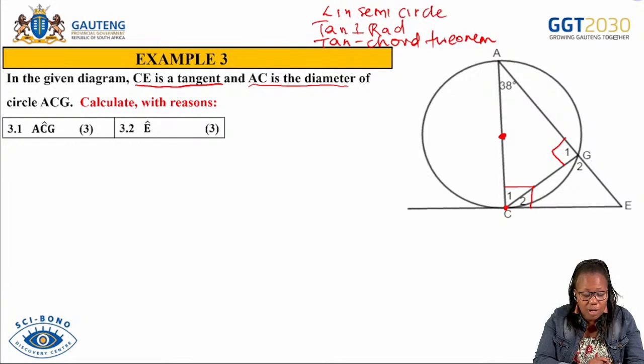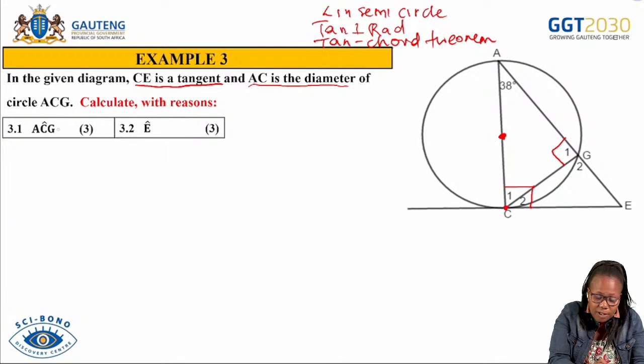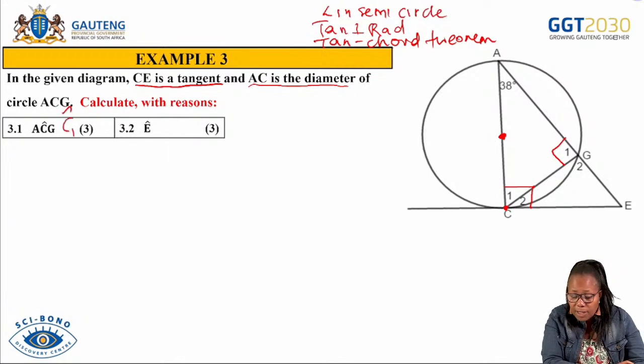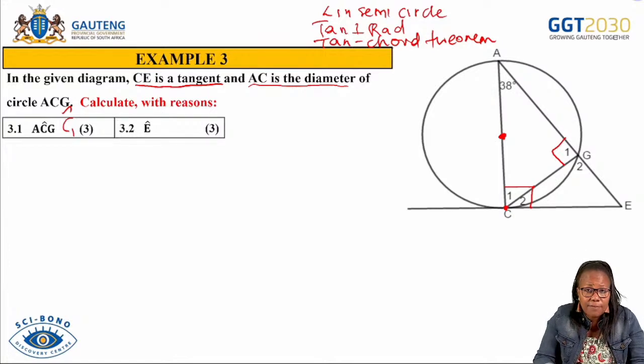Number 1, we need to calculate angle ACG. ACG means we are referring to angle C1. Now look at the diagram. Can you find C1? Easy. If G1 is 90, in triangle ACG we already have the answer for C1.